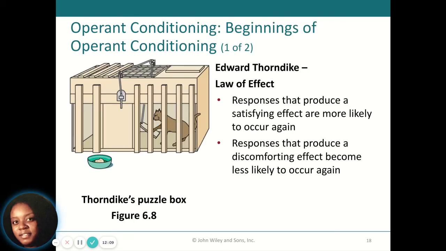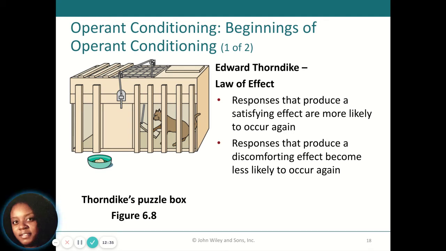So Edward Thorndike did a lot of research with a puzzle box. He said that responses that produce a satisfying effect are more likely to occur again. If a person liked the consequences of something, they're going to do it again.